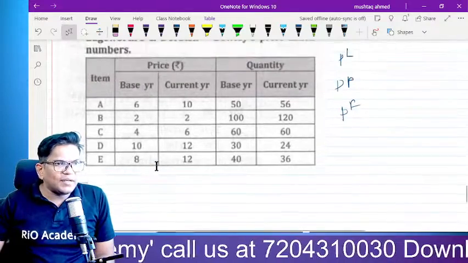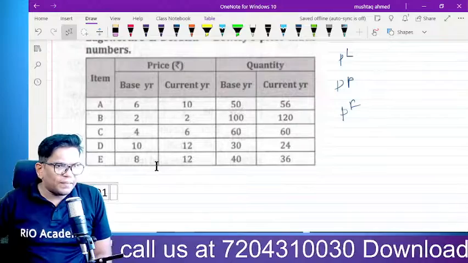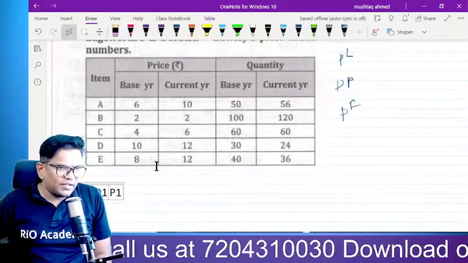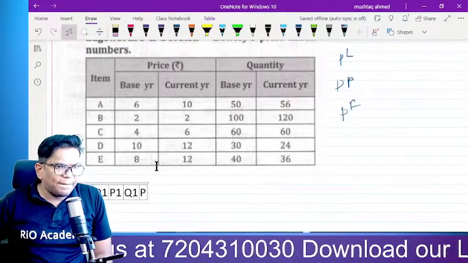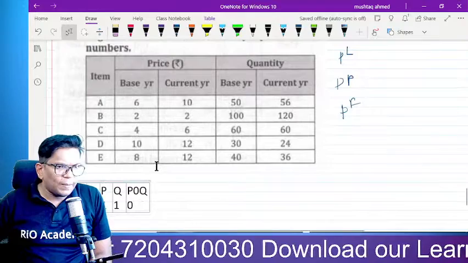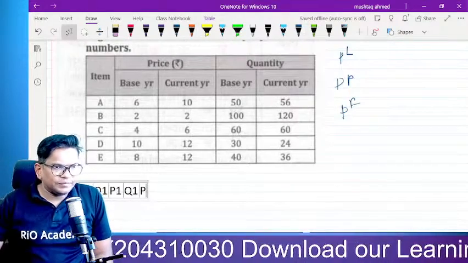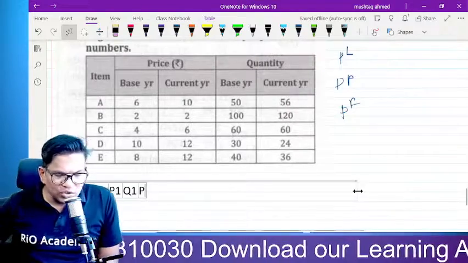Children, base year price they given and base year quantity they given. P1 they given, Q1 they have given.